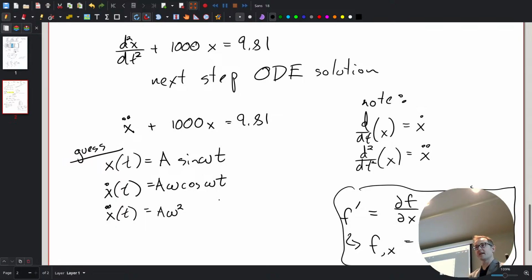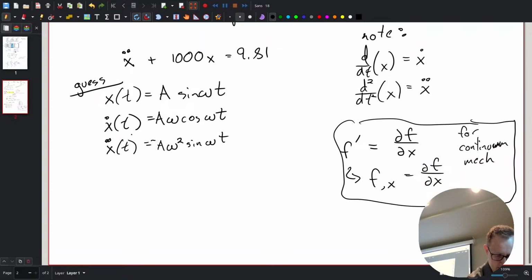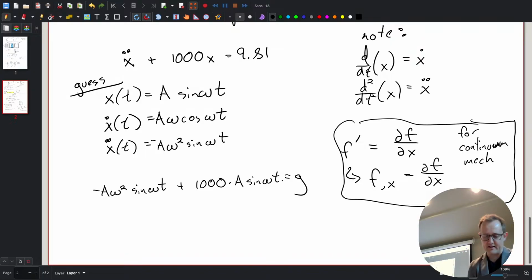Derivative of cosine is negative sine. So negative A omega squared sine omega t. So take the x double dot, put in negative A omega squared sine omega t, plus 1,000 times A sine omega t equals, I'm going to leave it as g.